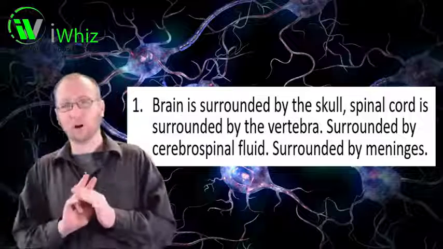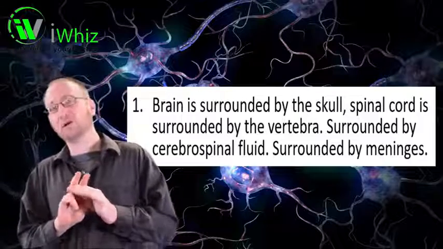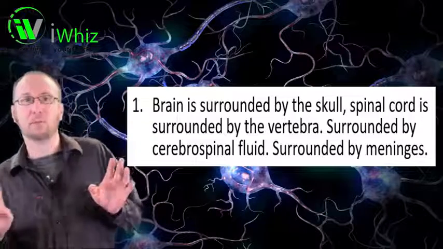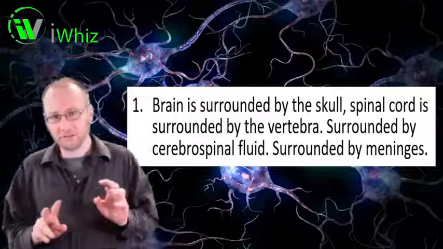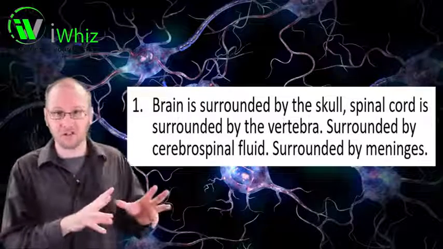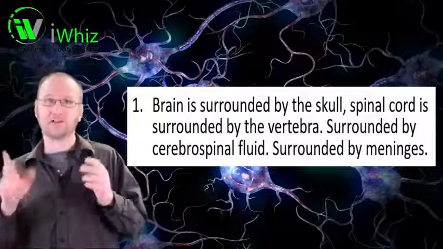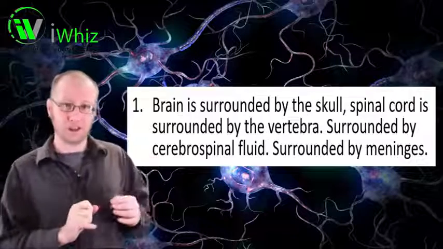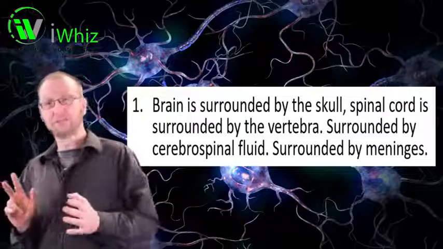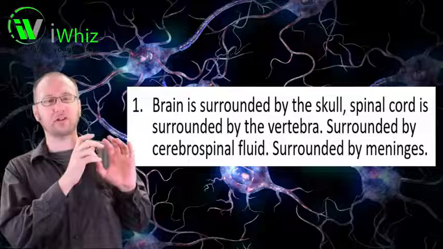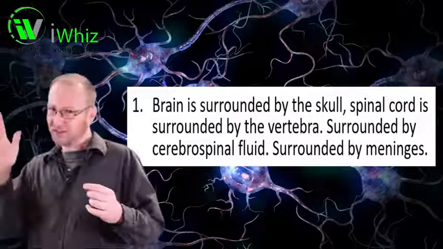The third one, you could say the central nervous system is encased in a bony covering. The skull encases the brain, and the vertebrae encase the spinal cord. Okay, that's 3 right there that apply to both the spine and the brain.